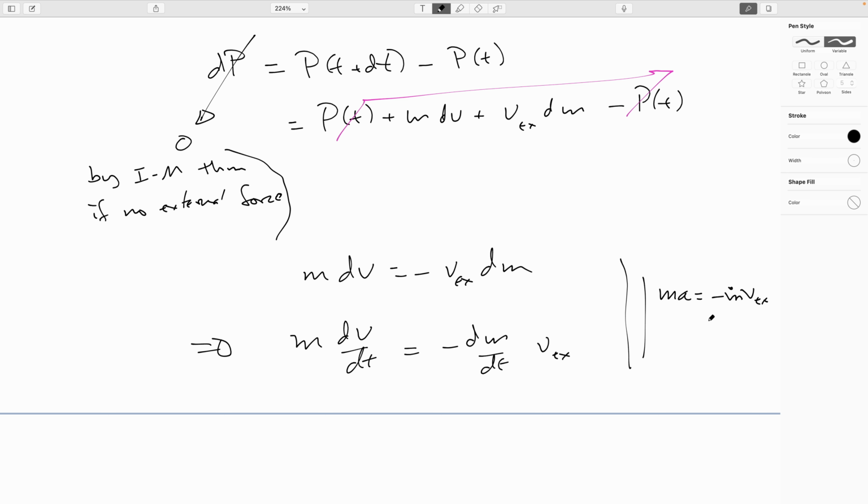This fact that the mass is changing with respect to time, we can interpret as the thrust. What's giving us the thrust? And we can already see that the more rapidly I want the velocity to change, the big deal here is I want to burn my fuel very quickly.